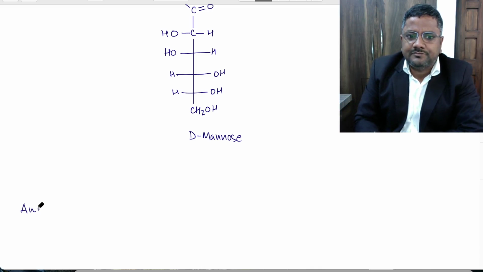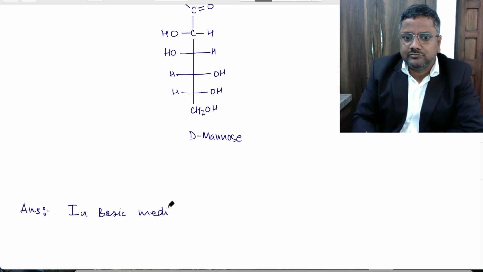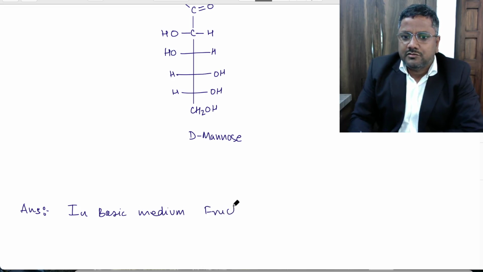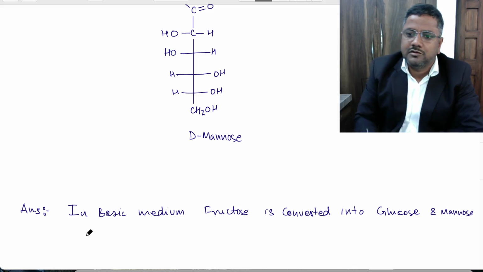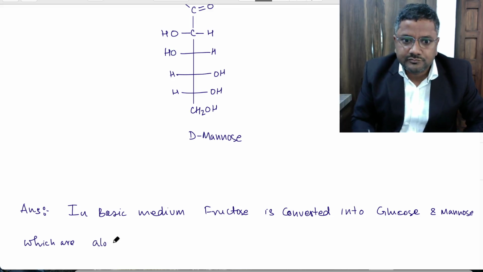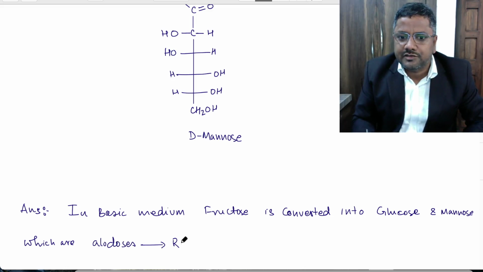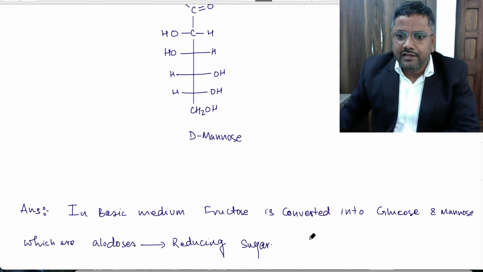The answer is: in basic medium, fructose is converted into glucose and mannose, which are aldo sugars, aldoses, that is, reducing sugars, right?